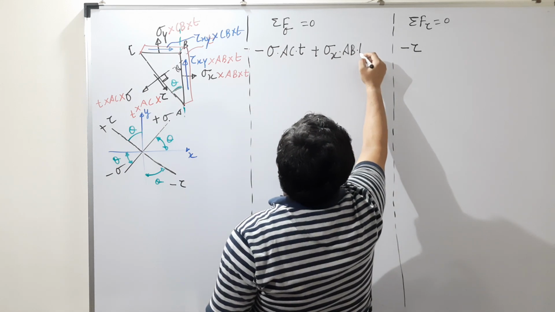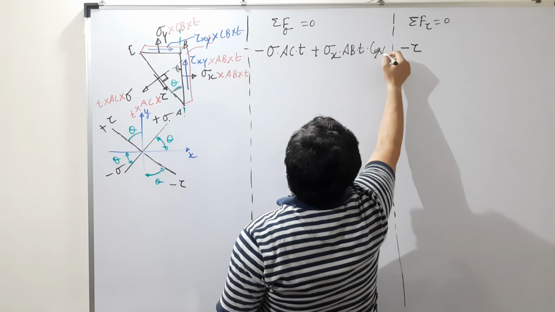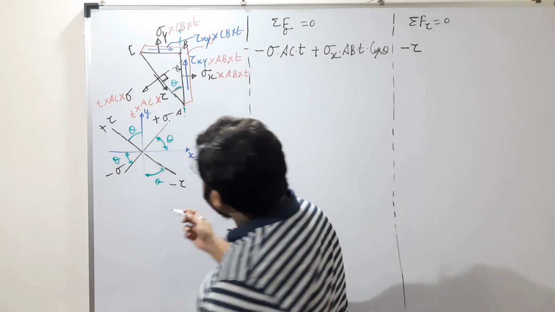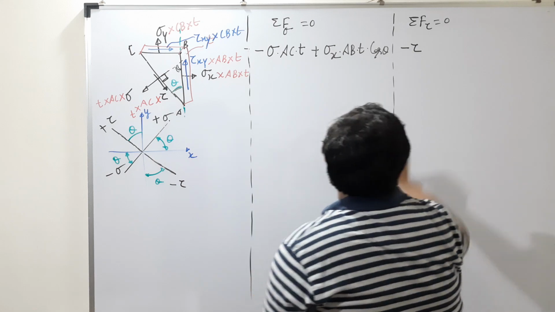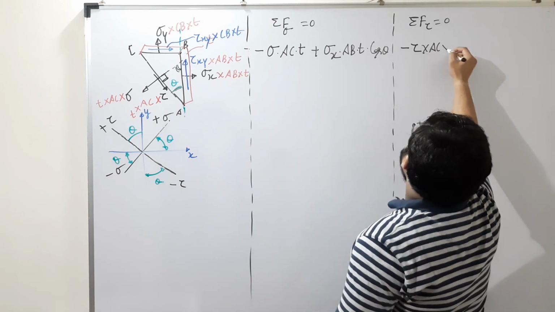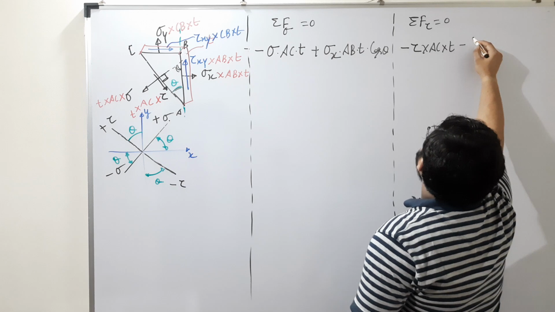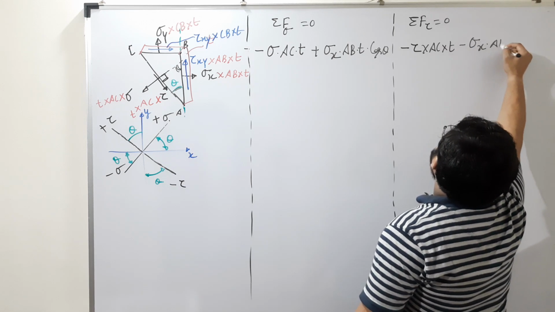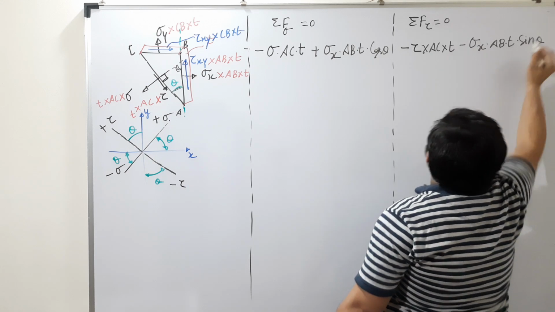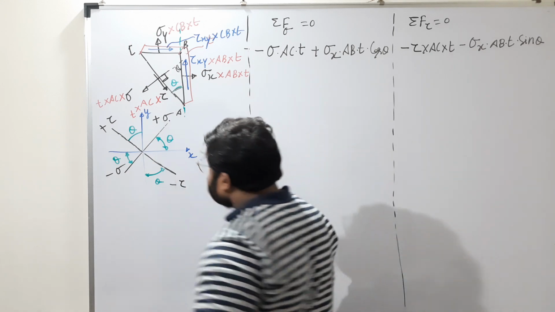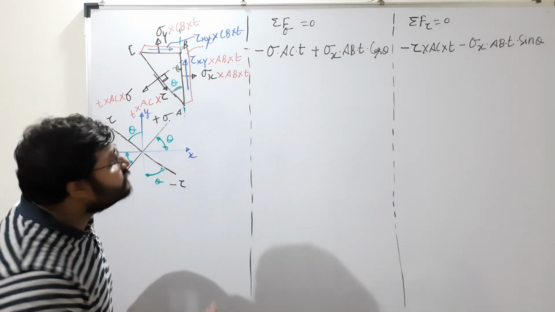Minus sigma into AC into t plus sigma x AB t. Now this will be cos theta. So if this is along sigma cos theta, so along tau it will be minus. So here tau into AC into t minus sigma x AB t sine theta. So this is one force which we have resolved. Now this is important for us.